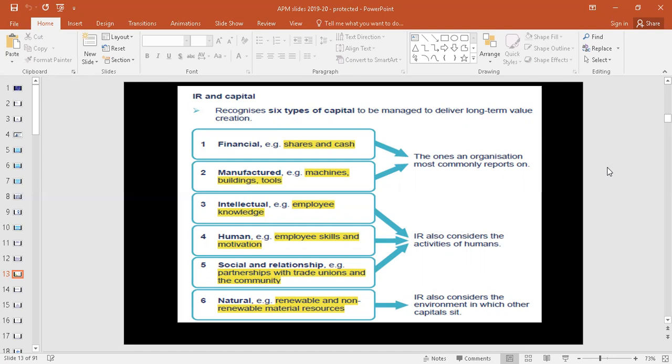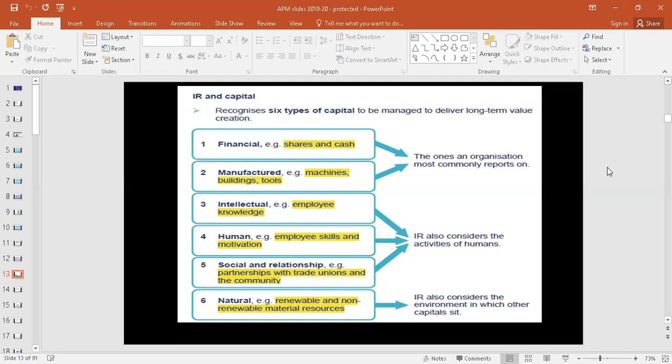The fourth one is the number of staff, human resources that are present with them, the details about what skills they possess, etc. So that's human capital. The fifth one talks about social and relationship capital. If they have an association with someone else, a partnership with some other entity, partnership with trade unions and the community, that's social and relationship capital.